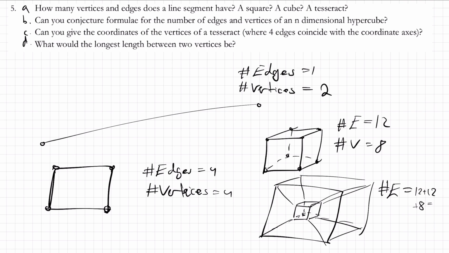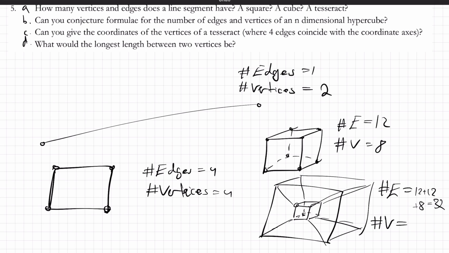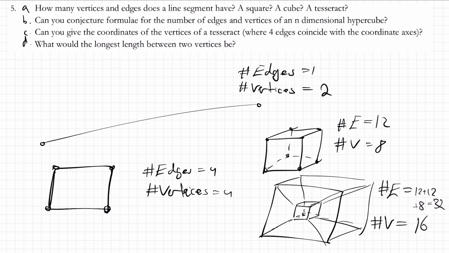So that's going to give us 32 in total. And the number of vertices, again, I don't actually know how accurate this image is, but I'm just going to say it's 16.